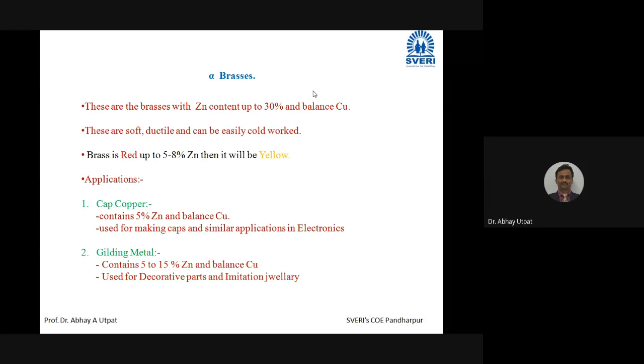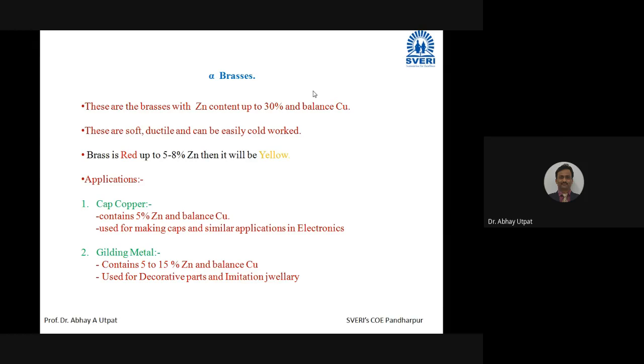At less percentage of zinc, the red color of copper remains as it is, and yellow brass is the brass in which amount of zinc is a little more than 8% and color becomes yellow. That's why it is called yellow brass. What are the applications?